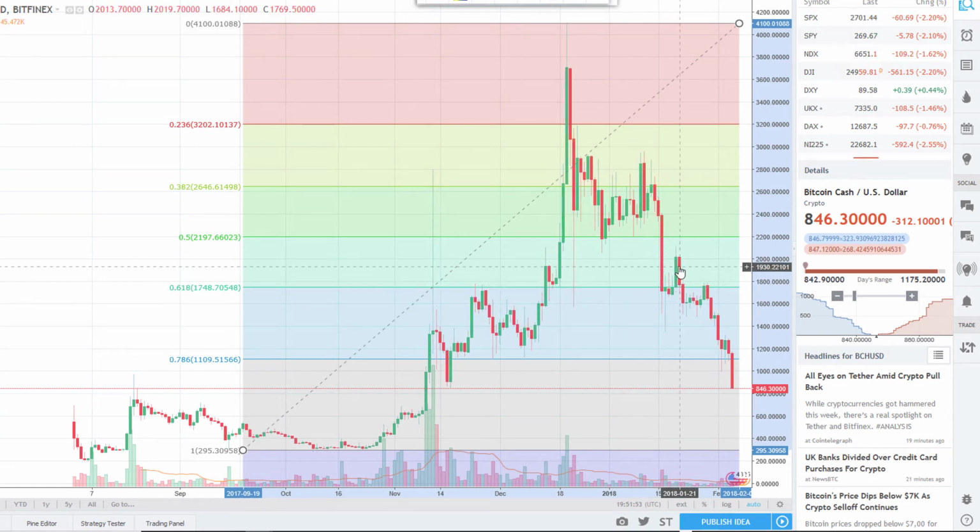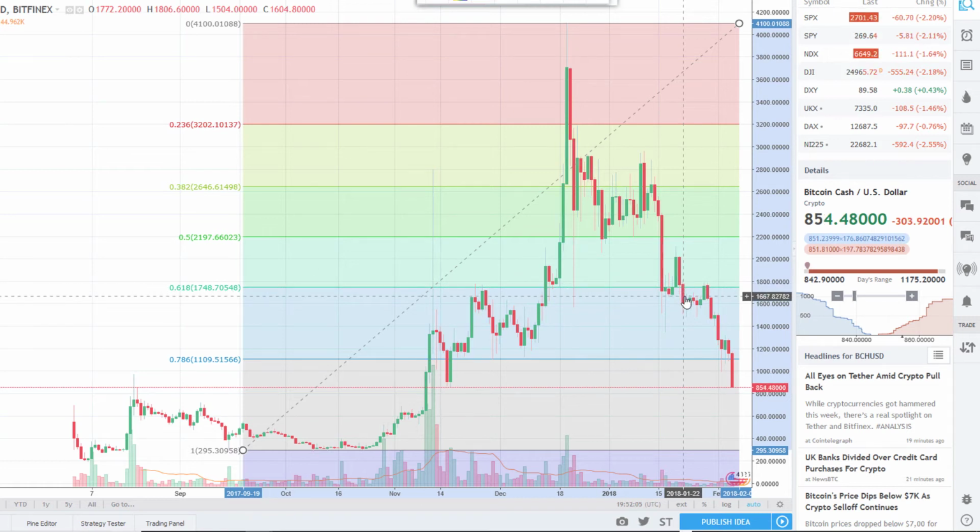It tried to go back up to the 50, but it easily went back down to the 62, hung around there a bit. So it went a little bit below, but it went back up to this level again. And then it went, nope, I'm not interested in going back up to 50. It just shot down there.